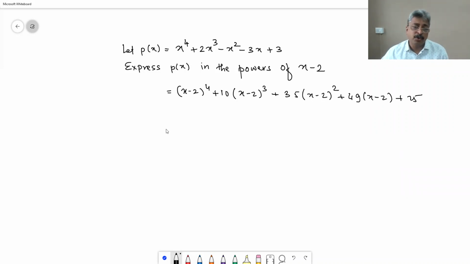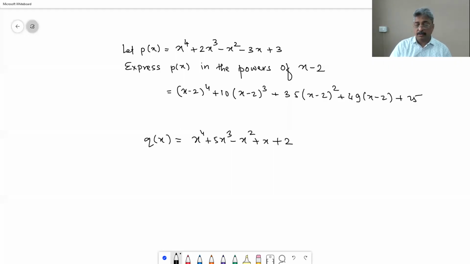Correct? Now suppose I give you one more: x raised to 4 plus 5x cube minus x square plus x plus 2. Can you do it a little faster than what you did here? Check.